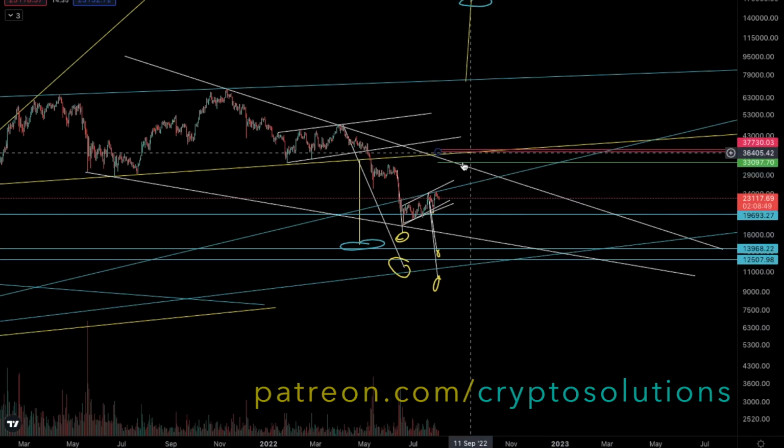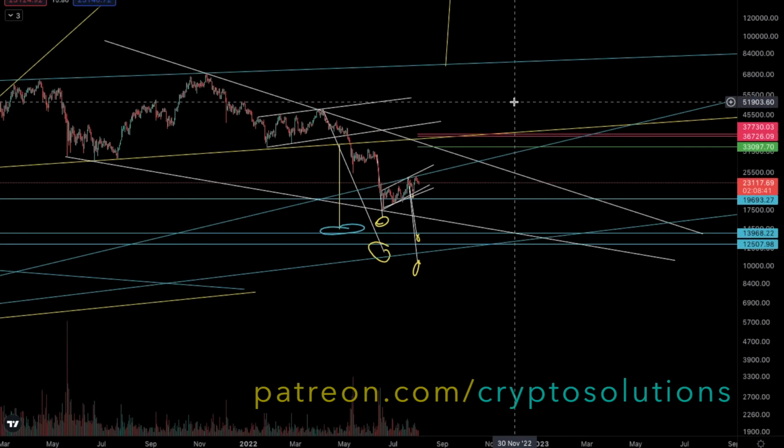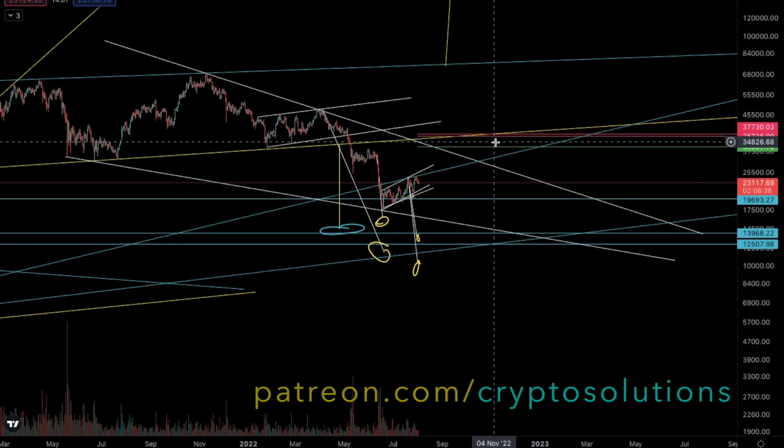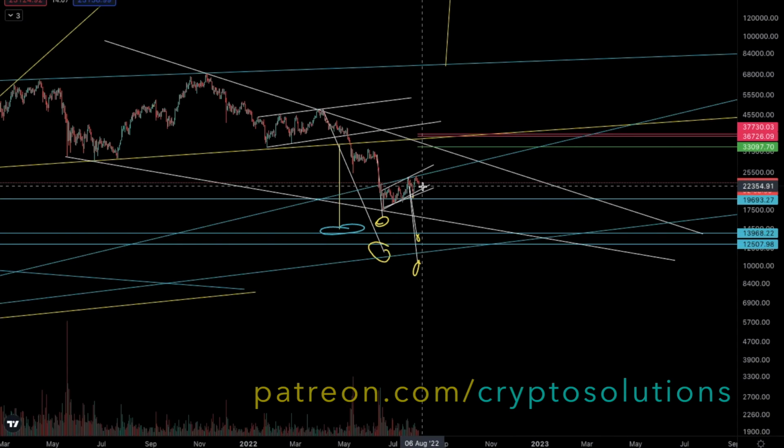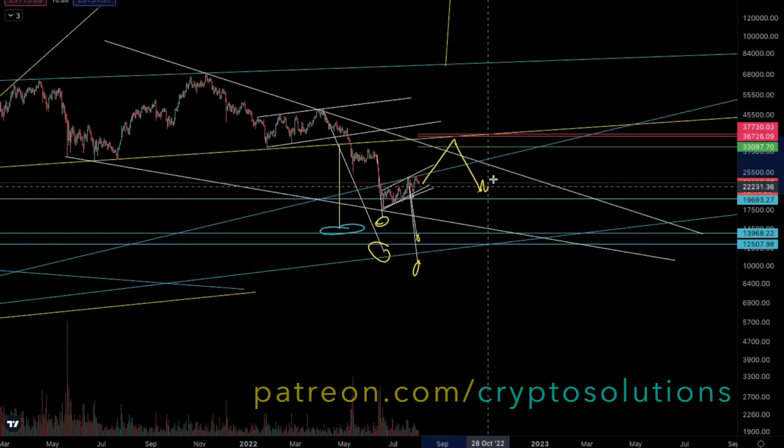And if it happens, I'm going to sell my midterm investments, not my long-term investments. Those are going to be intact, but my midterm will be sold around here, if it reaches here before October hits, maybe even September, but around the September-October range.